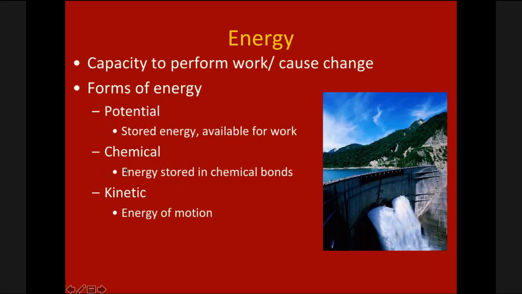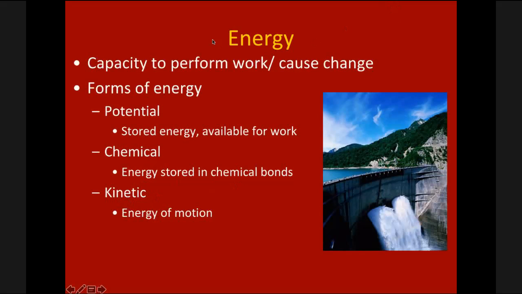Sometimes that energy is going to be stored in chemical energy, right? So chemical energy is the energy that's stored in chemical bonds. And remember, when we break the bond, what we're doing is exciting electrons, and we can harvest that kinetic energy to now perform work, right? And we're going to talk a lot about that chemical energy. And then I've been talking quite a bit about kinetic energy, and that's the energy associated with motion, right?